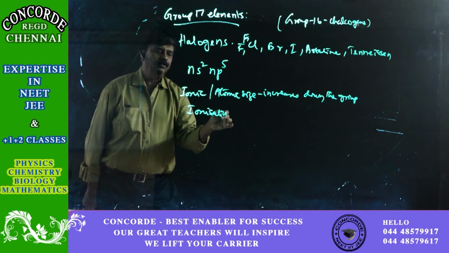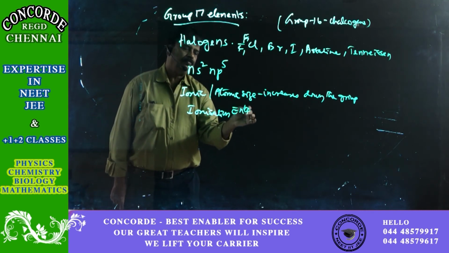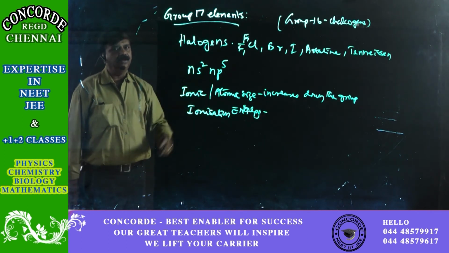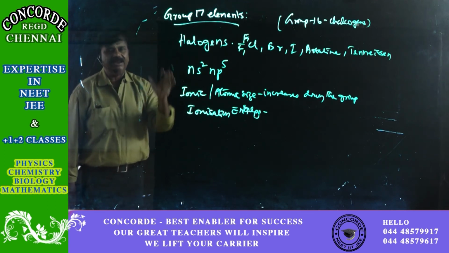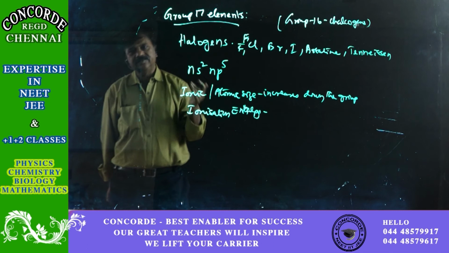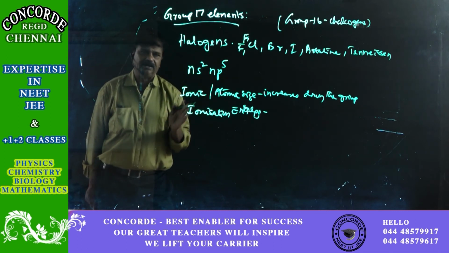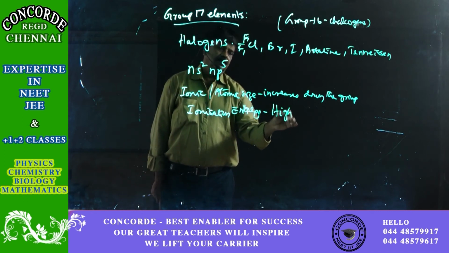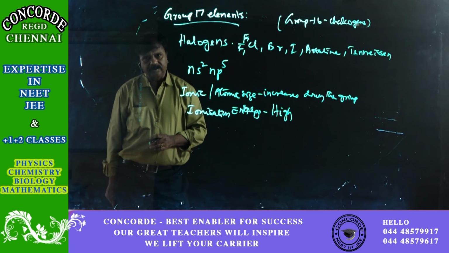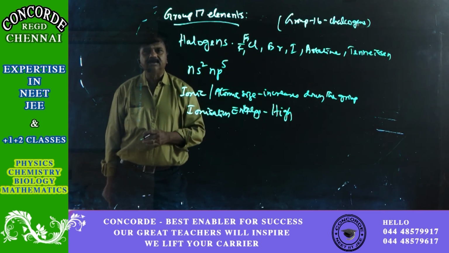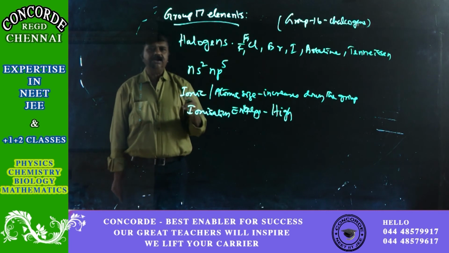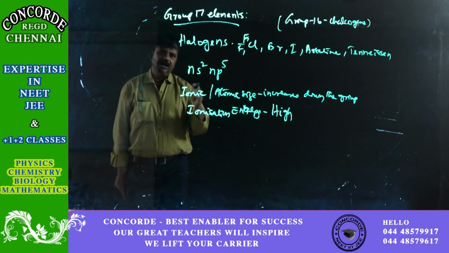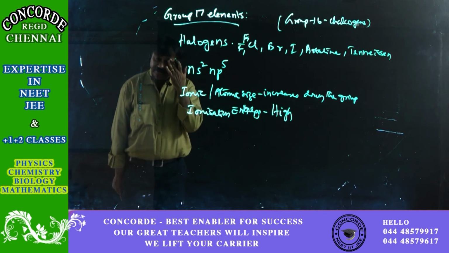It is very difficult to remove an electron from any of these halogens because they have 7 electrons in the outermost shell. Given a chance, they try to accept one electron rather than give out an electron. So ionization enthalpy in general is very high. It is almost not possible to remove an electron. As usual, it decreases down the group due to the presence of more shells and the increase in effective nuclear charge.